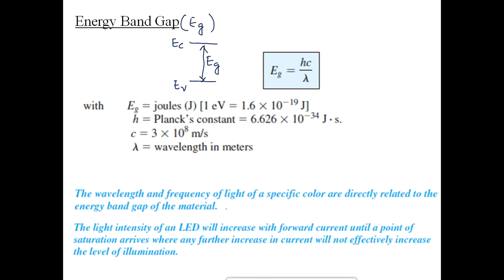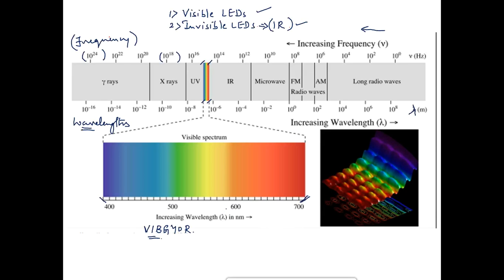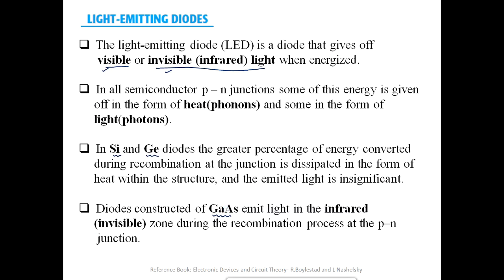Alright, so any doubts with what we have discussed today? Just to quickly summarize, we discussed the basic working principle of a light emitting diode, with respect to how their bands look. What is the significance of a direct band gap? What is the significance of an indirect band gap?